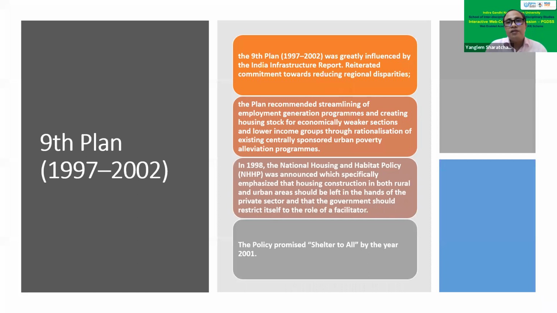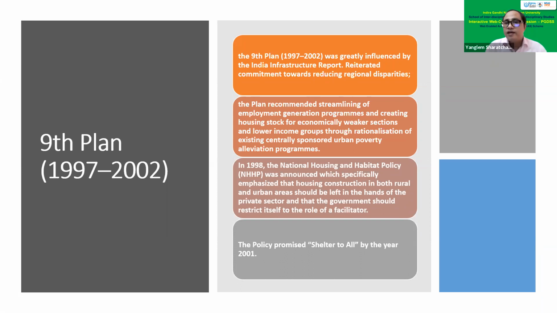So the ninth plan was influenced by the Indian Infrastructure Report. When the report identified some of the gaps, they tried to improve those gaps, to mend all those gaps.